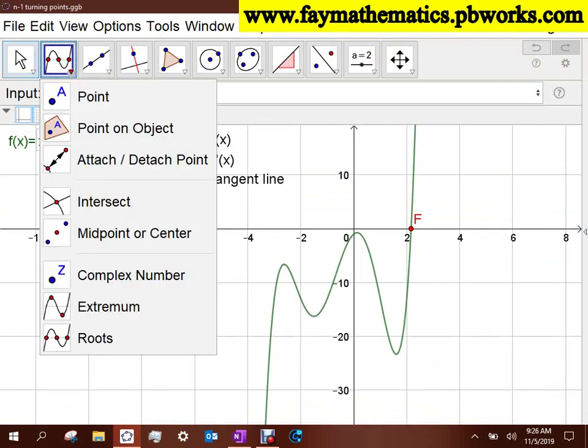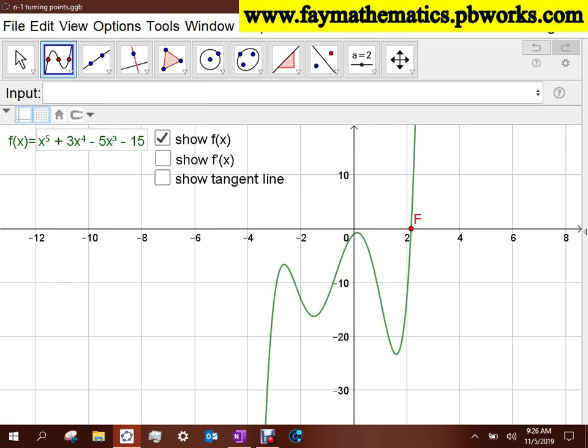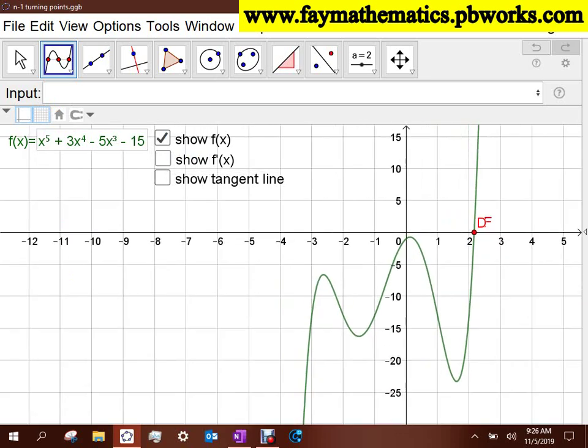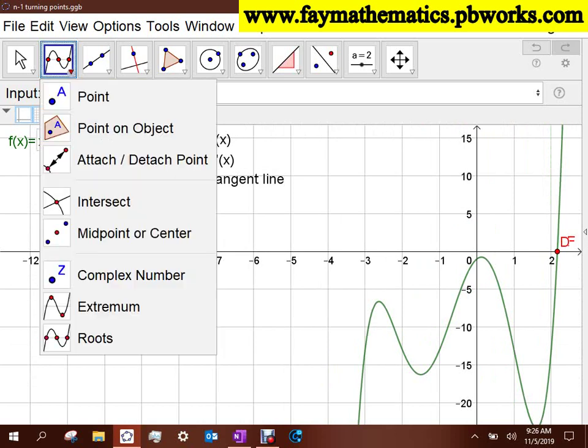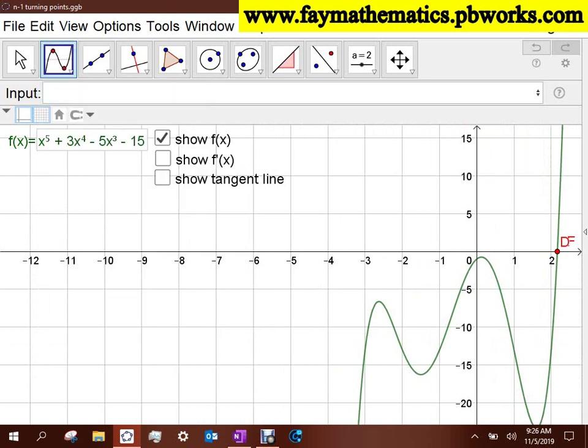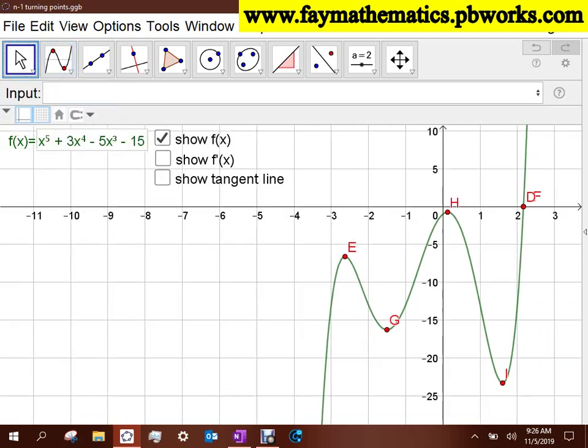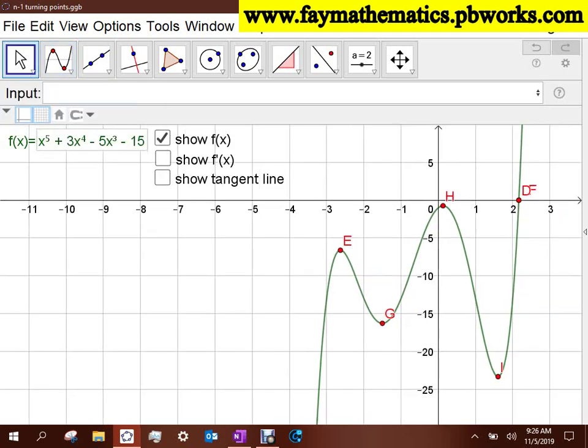If I click on it, roots is equivalent to the zeros. Okay? When I click extremum, that's the maximums and minimums collectively. Now, it doesn't tell me which one's which, but that's what that means.